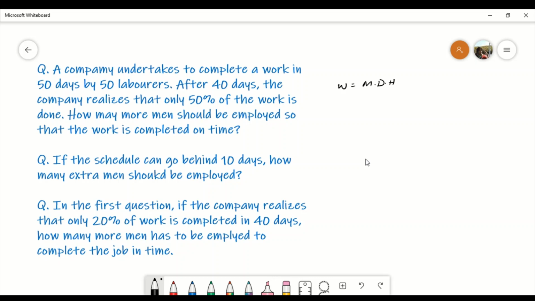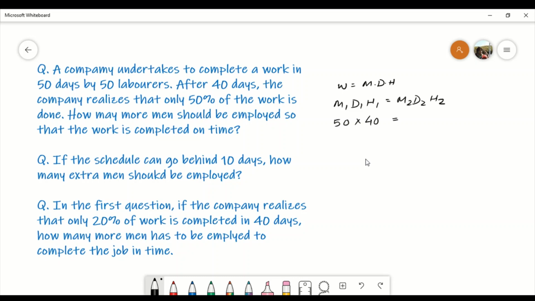In this case, our W is going to be the same, because 50% of work was completed in 40 days and another 50% is going to be completed in the next 10 days. So our work is going to be constant. So we can say M1 D1 H1 equal to M2 D2 H2. So our M was 50 men, D was 40 days, and H is going to be the same.